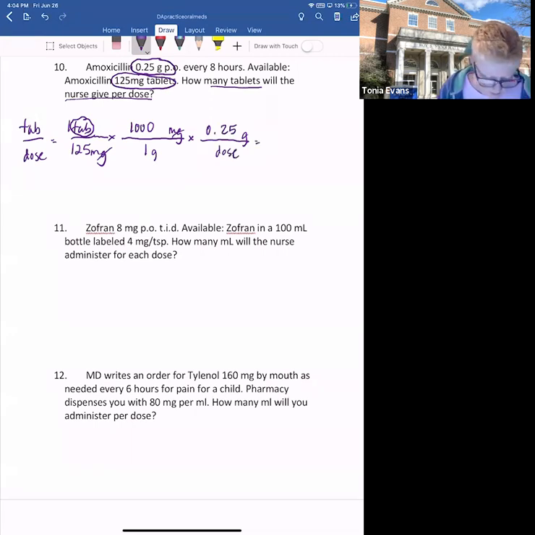And we'll do our math here. 1,000 times 0.25 divided by 125 equals 2 tabs per dose.